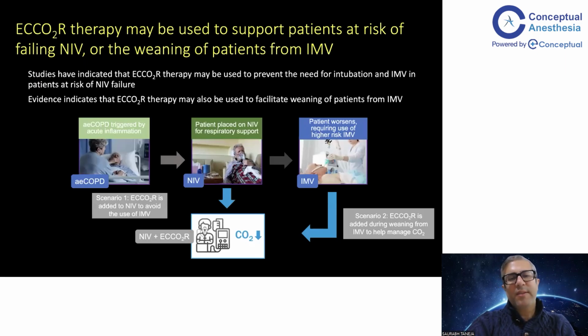Again, as I was just telling you, first is to avoid intubation in patients who are having NIV. You have a subset of patients who are elderly, who do not want to be intubated. You realize that if you intubate them after failure of NIV, you might land up in a tracheostomy. So we can actually try awake extracorporeal CO2 removal in this subset of patients till the time the exacerbating factor, like infection, is being treated.